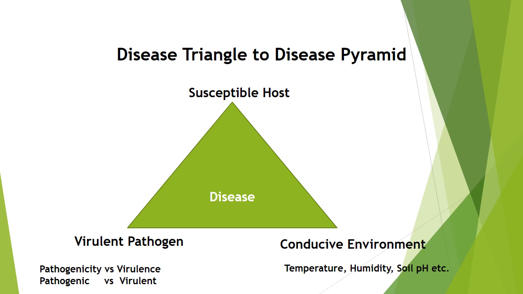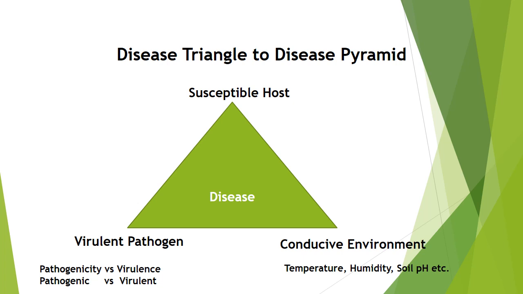As I mentioned earlier, this idea is not new in plant pathology. Since ages, people have known that, but from the 1960s onward, it became a central dogma in plant pathology study. It is a central belief that disease can only be possible if these three factors are present.